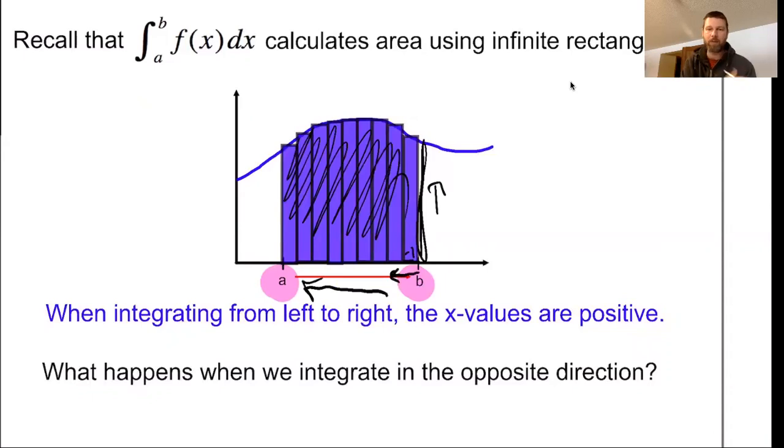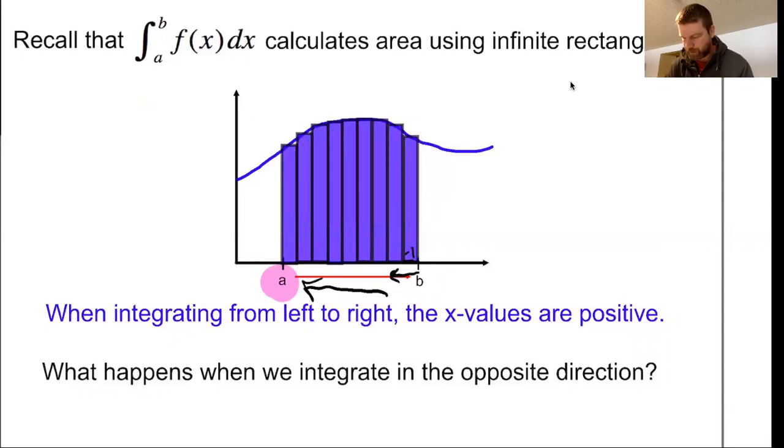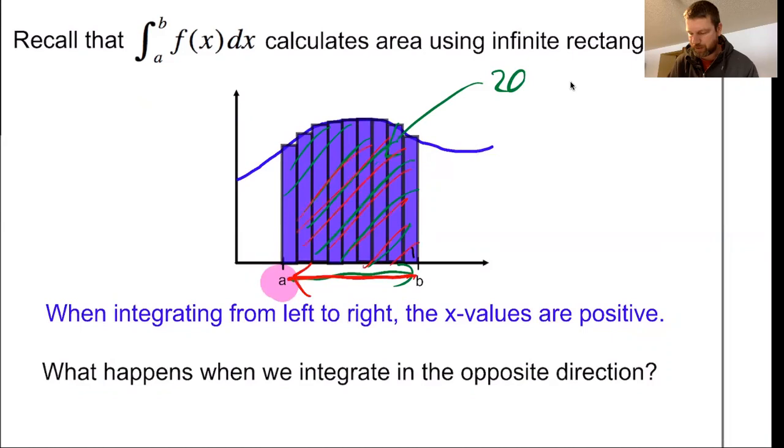Let's say when I go in the positive direction, I calculate this area, and we'll just say that was an area of 20. Well, if I went in the negative direction, I'd calculate those areas, but these widths would be negative x values going to the left, positive y values going up, calculating the area of those rectangles, it's going to give me a negative value for the integral.